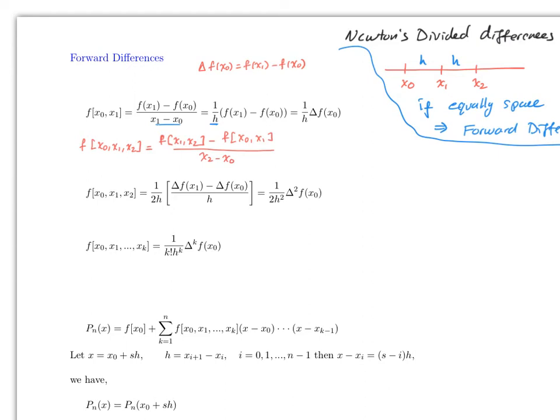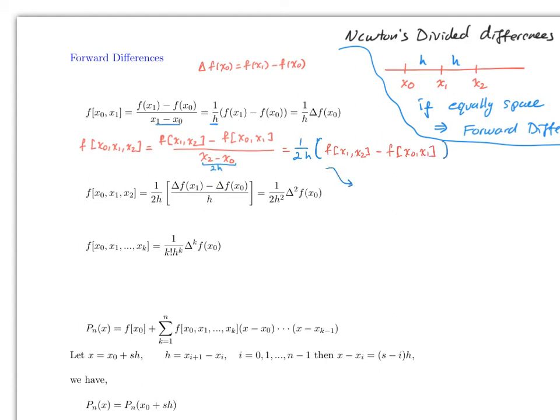Now, since the x values are equally spaced, the distance between x2 and x0 is going to be 2h. So this will be equal to 1 over 2h times f of x1 x2 minus f of x0 x1.